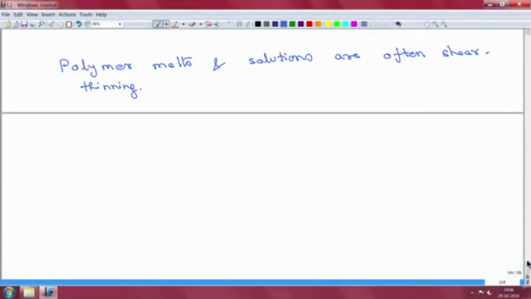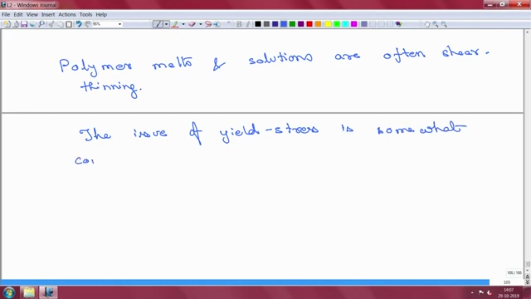Okay. So, now that made some space for myself. This issue of yield stress, I am just going to write it down for you. This issue of yield stress is somewhat complicated by the fact that, maybe this is a good time to recall the original reason why we coined the term Deborah number, and we know that if you wait long enough, everything flows.